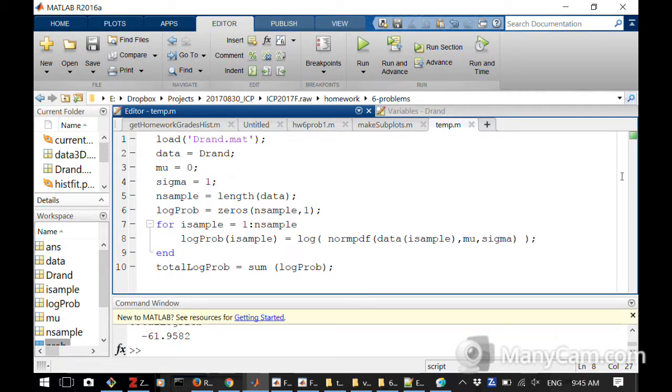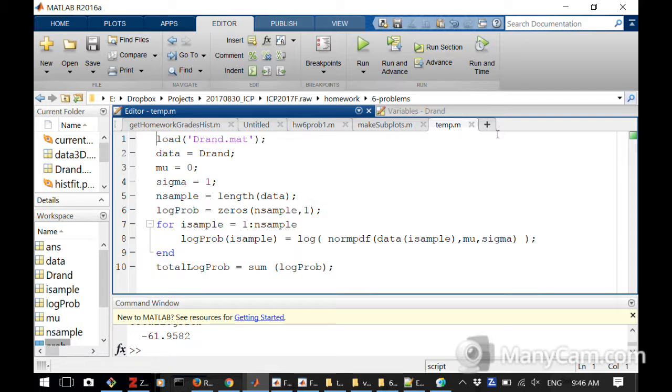Okay, so now this code gives you the probability of getting the data set that you have with this given mu and sigma. Now why not convert this script that we have written to a function, so that whenever we call this function, it gives us the probability of getting the data set that we have, given the specific mean and sigma values that we give it.